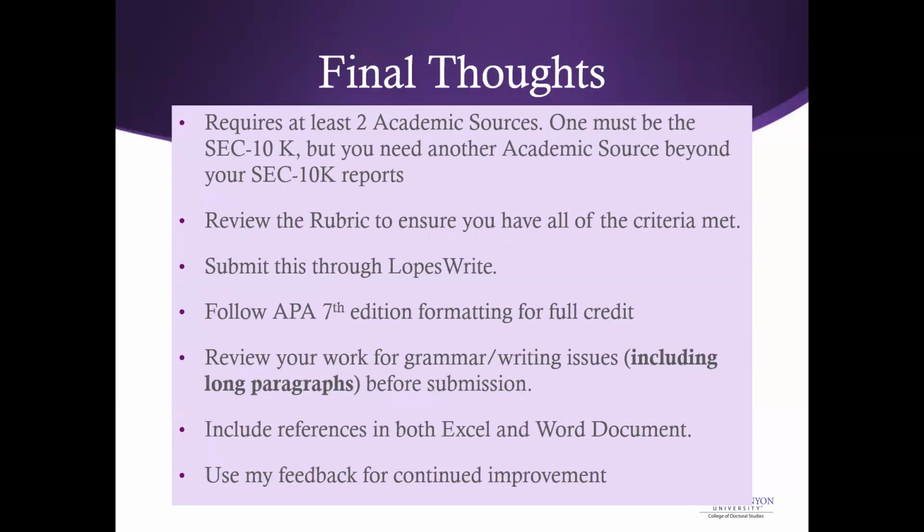Now, this is going to require at least 2 academic sources. One academic source can be the ACC614 reports from your company and your competitor company. They are not separate academic sources. They're considered one academic source. So you're going to find one academic source beyond your ACC614 reports that helps to explain and support your position.